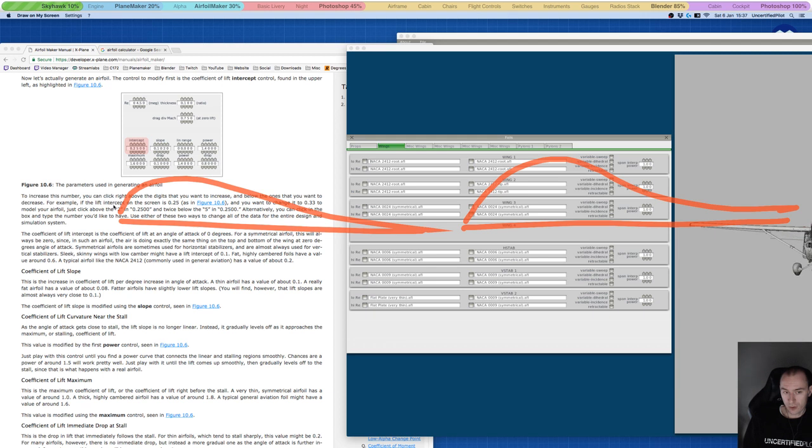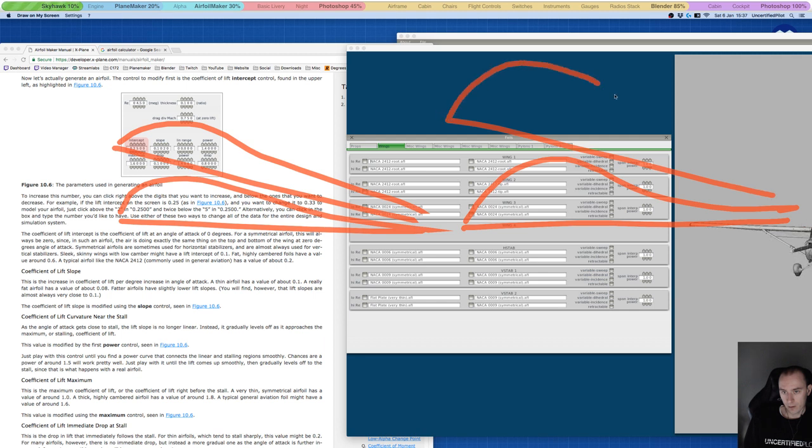Then if you change that angle of attack, let's say like this, I try to draw the same kind of airfoil here, with a 1 degree increase of angle of attack. So let's say that's 1 degree.